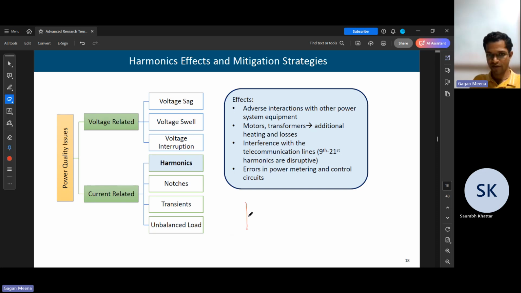The normal voltage and current waveforms are sinusoids. This is voltage and this is current. Normal currents and voltages are of 50 hertz, a constant frequency, and some constant magnitude, let's say 230 volts RMS.